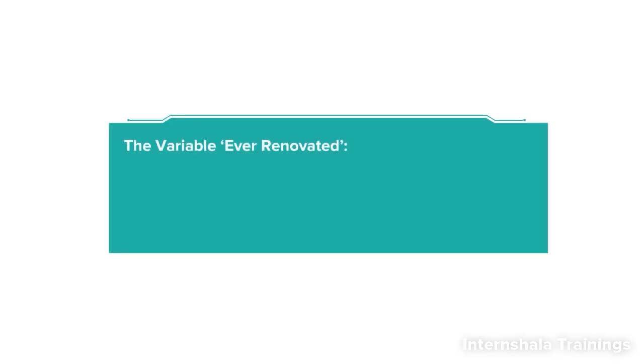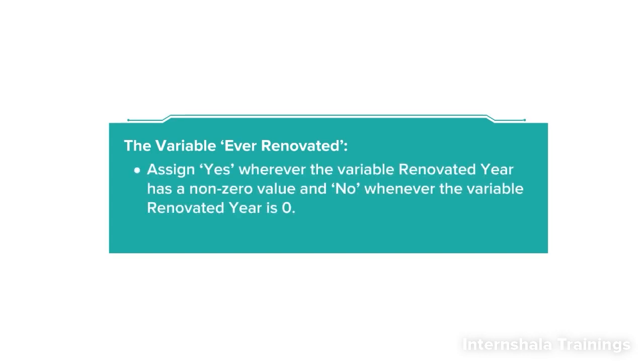Now for the first variable, ever renovated, we derive it by assigning yes whenever the variable renovated year has a non-zero value, and no whenever the variable renovated year is 0. As you can see, this would be a categorical variable. After deriving the variable, we add it to our dataset.